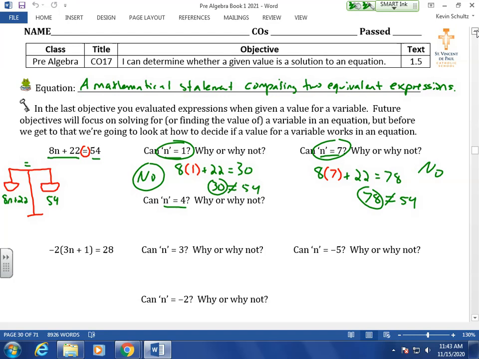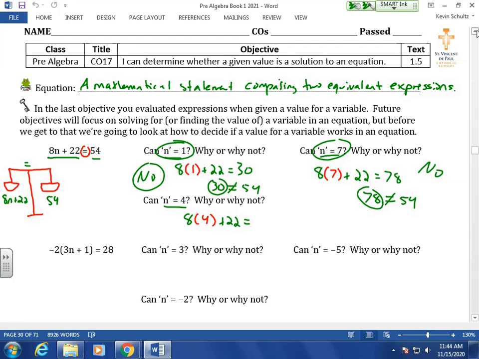So the value for n is going to be between 1 and 7. 1 was too low, 7 was too high. You know, kind of like the 3 little bears. Too cold, too hot, just in the middle, just right. It's going to be the same thing here. So 4 would be a pretty good guess, just based on logic.